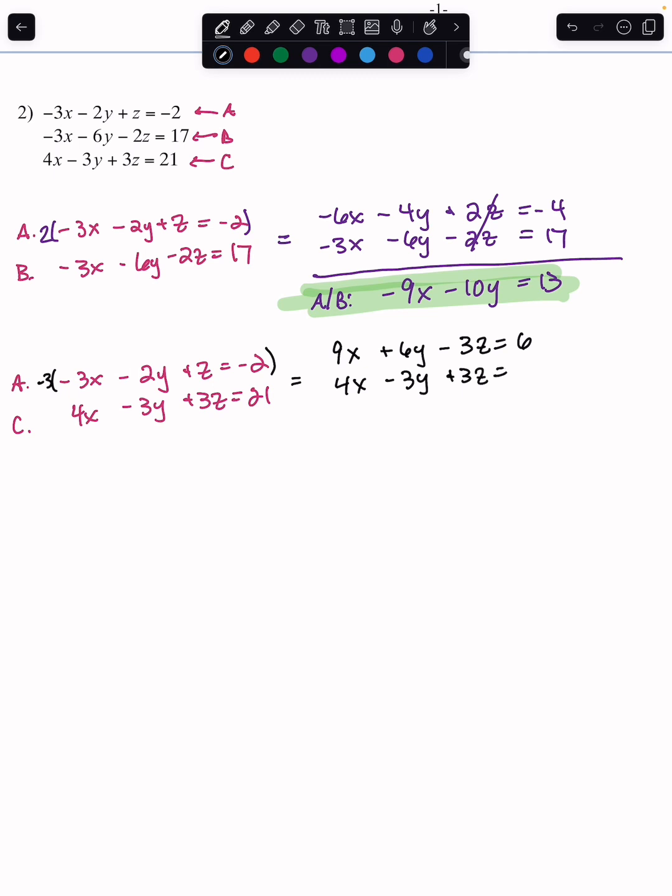Okay? Those are going to cancel out. And remember, this is a result of A being mixed with C. 9x plus 4x is 13x. And then I got 6y minus 3y. It's a positive 3y. And when you add 6 and 21, you get 27.